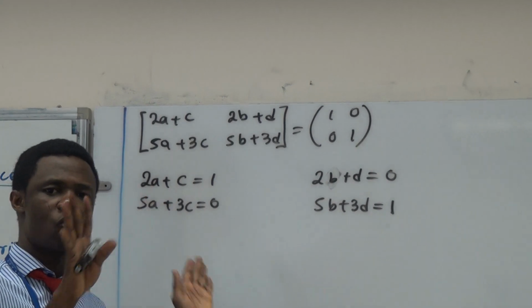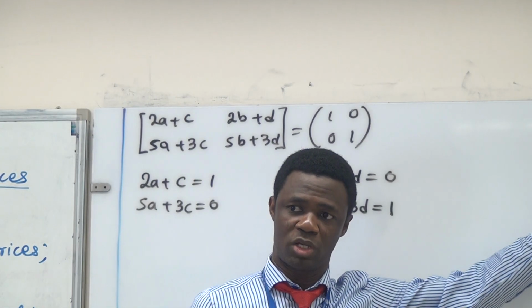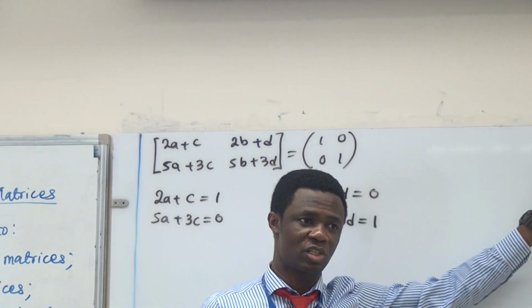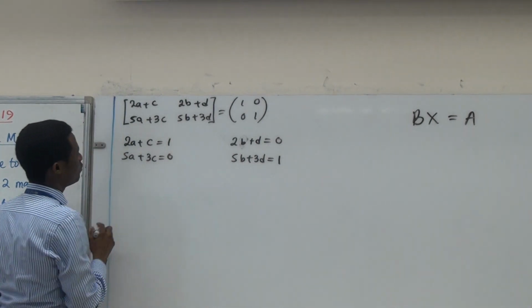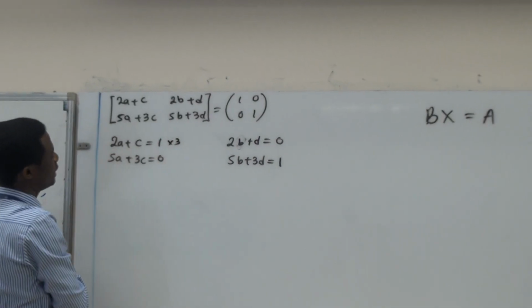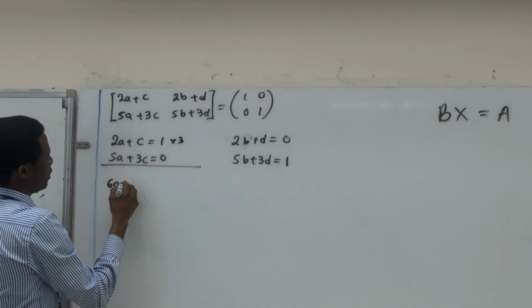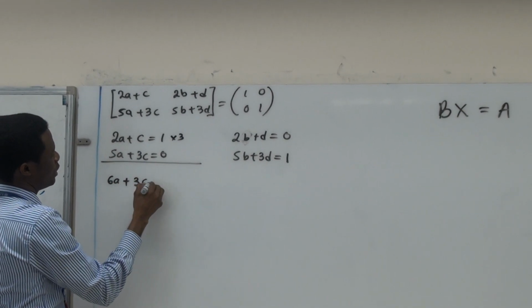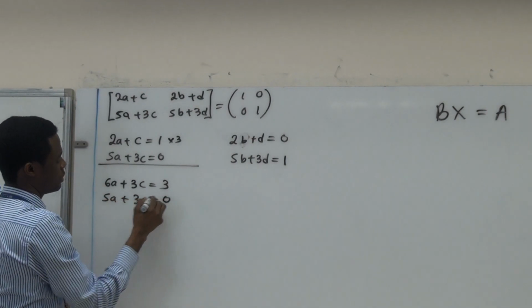This is a general way of solving this kind of problem for now. Now, if you solve this, you agree we multiply this by 3, right? So this will be 6a plus 3c equals 3. Then 5a plus 3c equals 0.